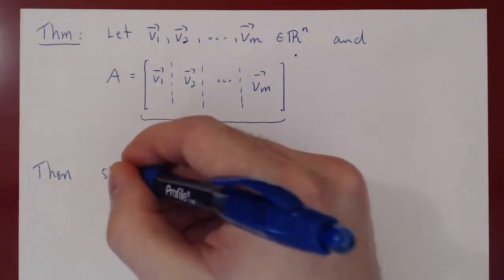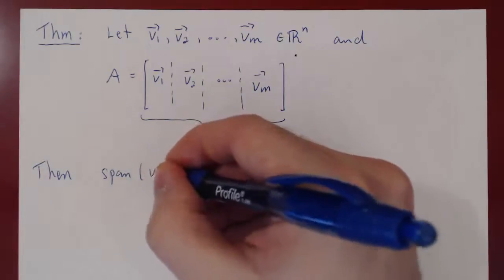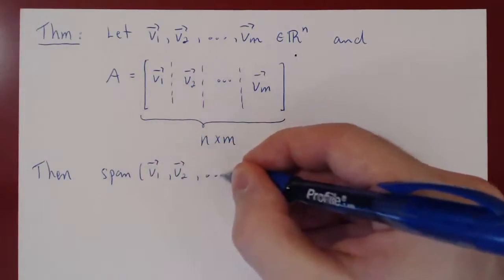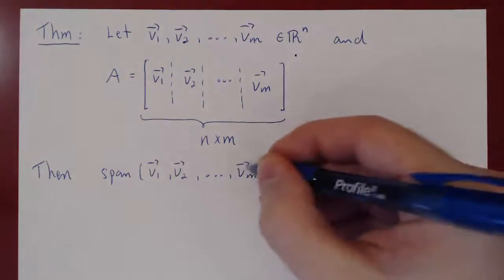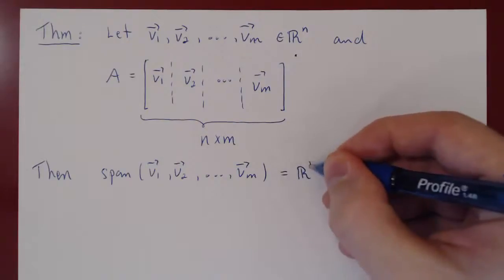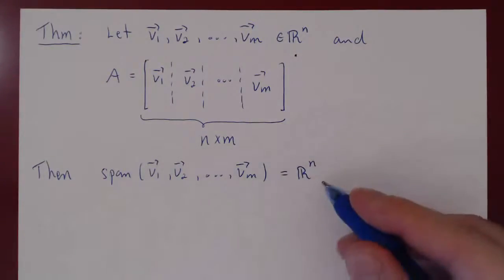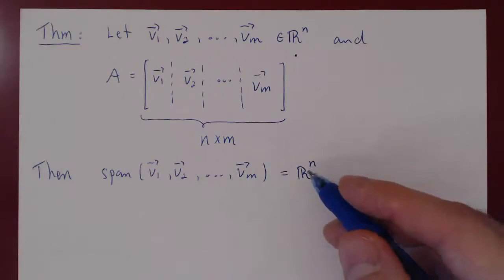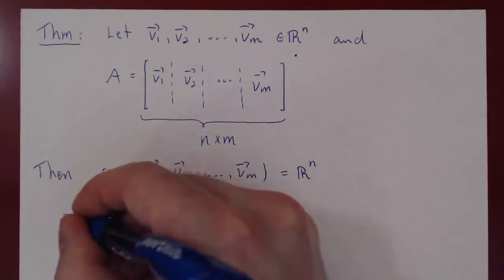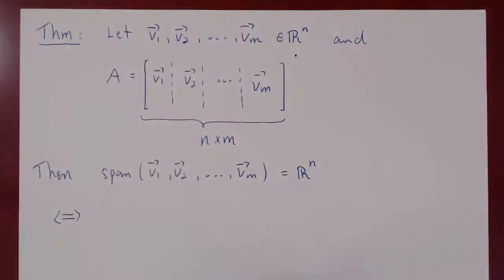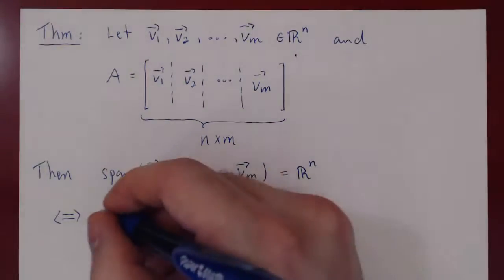Then the span of the vectors V1 through Vm will be all of Rn, so these m vectors will generate the entire n-dimensional space Rn if and only if the reduced row echelon form of A contains exactly n leading ones.